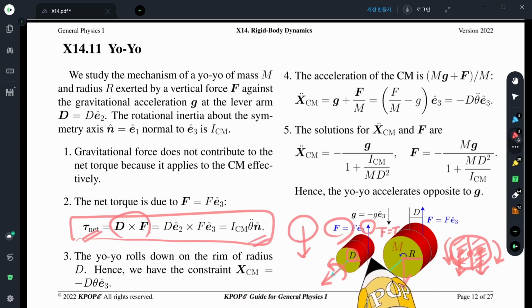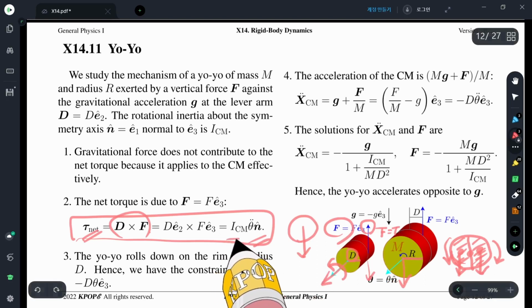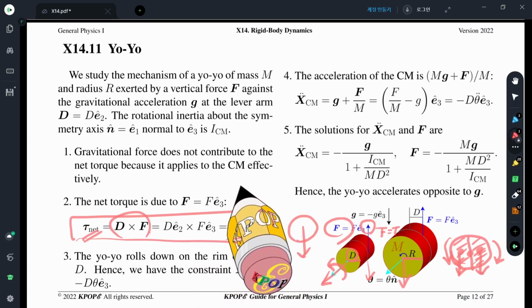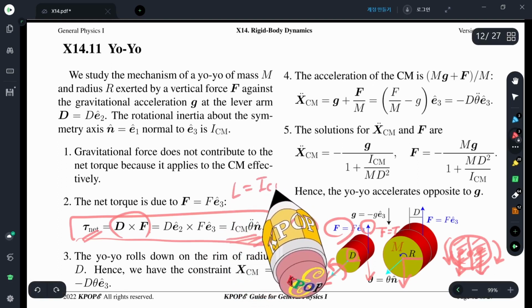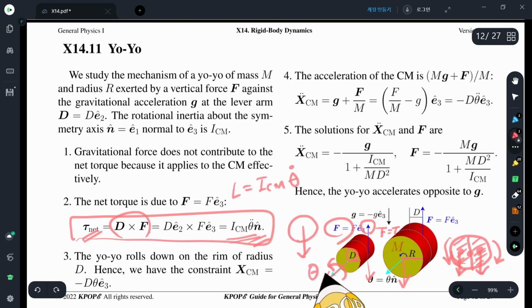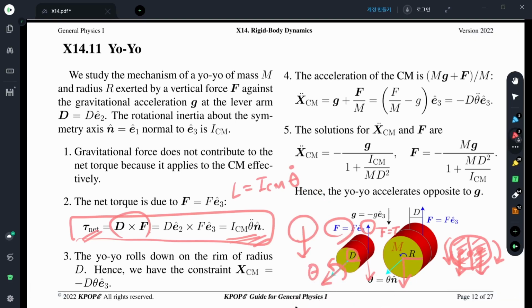And in here, the string is wound on the surface of the cylinder. We have this kind of relation. The torque should be the time derivative of total angular momentum, and that angular momentum must be I_CM theta dot, where the angle theta is measured about the symmetry axis.